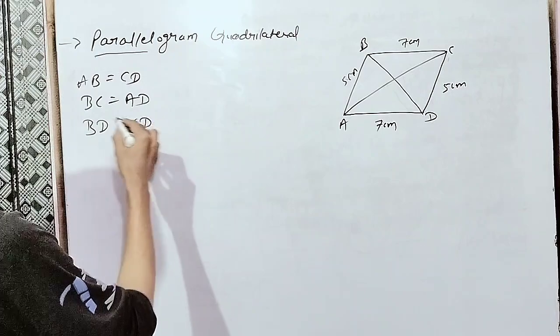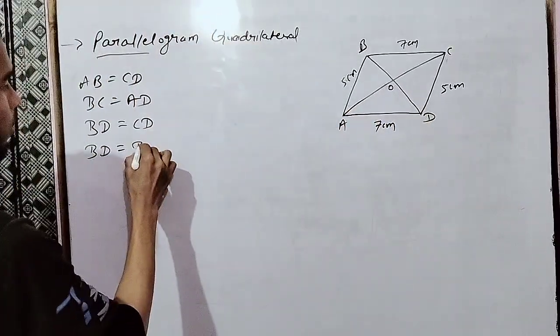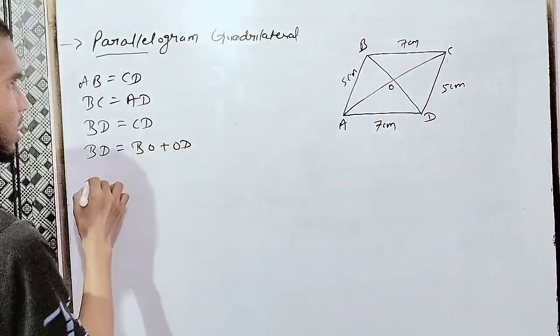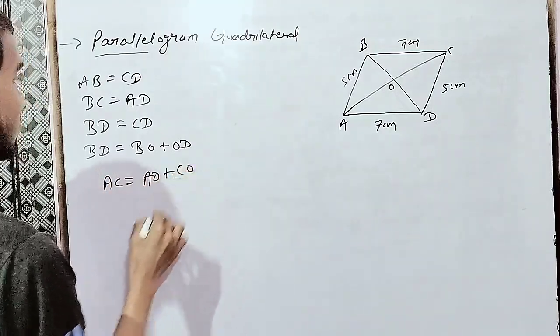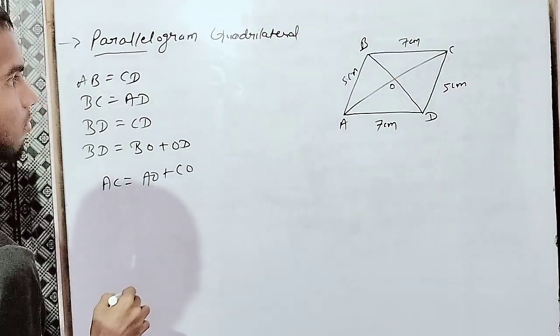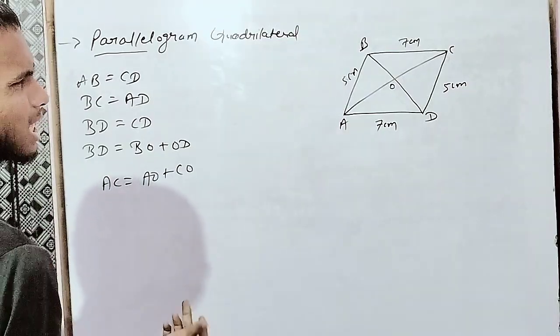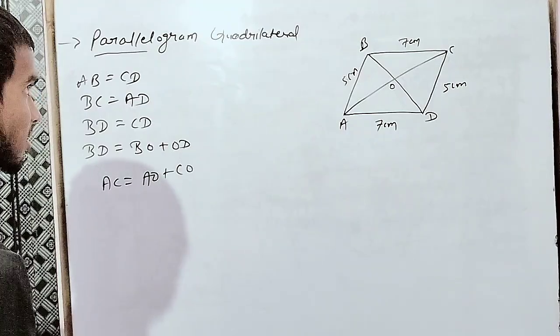BD is equal to BO plus OD, where this is O. AC is AO plus CO. Clear? I think that's it.